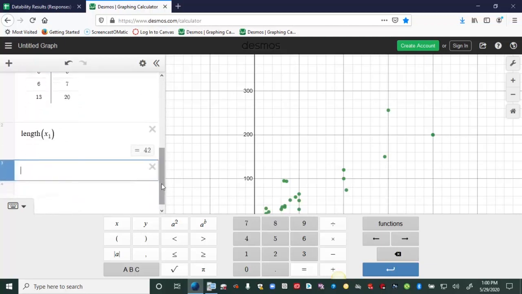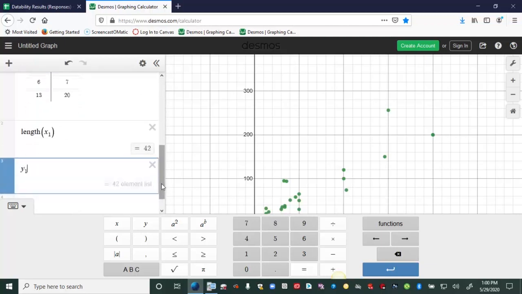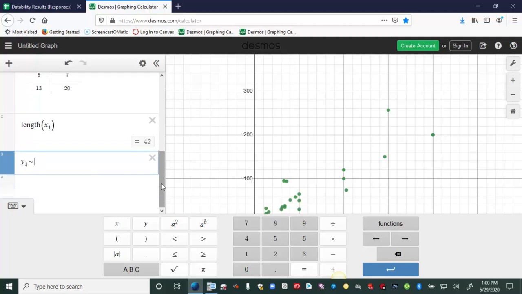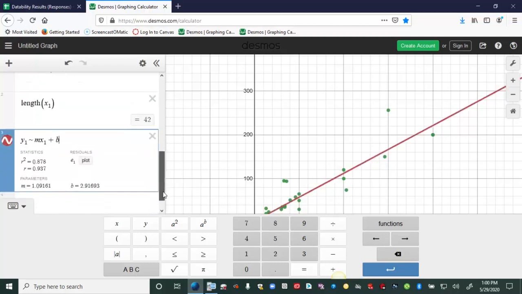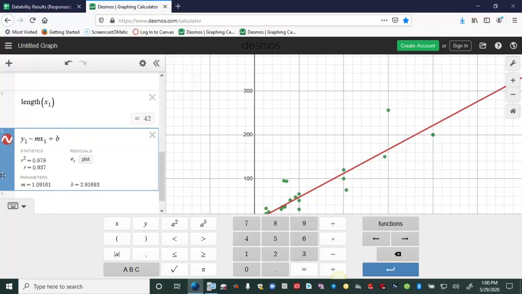Mine are y1 and x1. So y1 and then tilde, mx1, and it's just subscripting for me, which is nice, plus b. Okay, Desmos is so nice, it just gives me everything I need. There's my R value, 0.937, so I do have a strong correlation. And it also gives me the values of M and B for my regression equation.